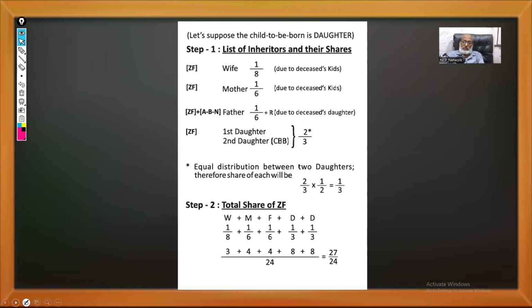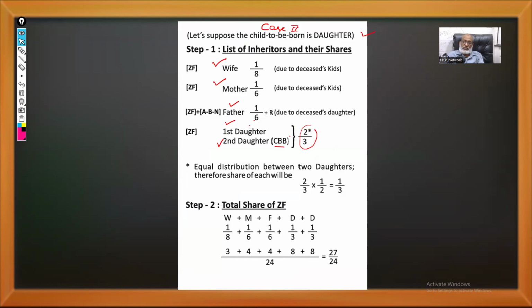If we are considering case 2, the present heirs are the wife, mother, father, the first daughter, and the second daughter, that is the child in the pregnancy to be born. So in that case, there are 2 daughters.